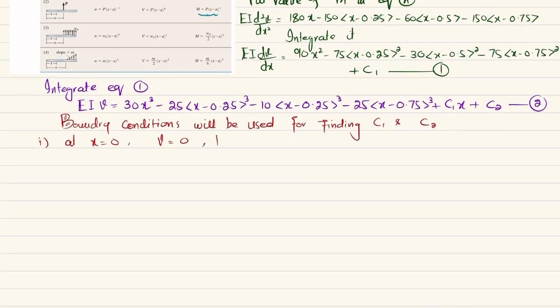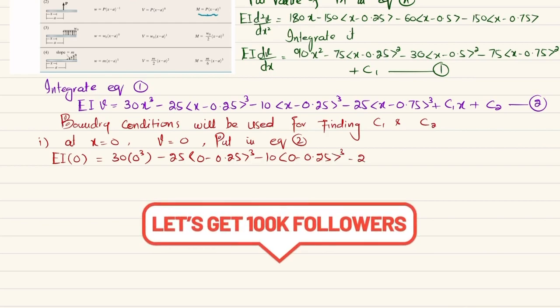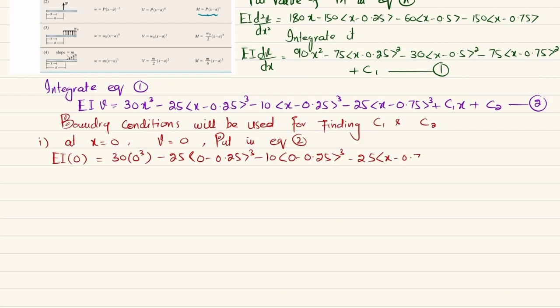So put in equation number 2. We will get EI into 0, and this will be equal to 30 into 0 cube minus 25 into 0 minus 0.25 cube minus 10 into 0 minus 0.25 whole cube minus 25 into x minus 0.75 whole cube, x is 0, plus C1 into 0 will be 0 plus C2.